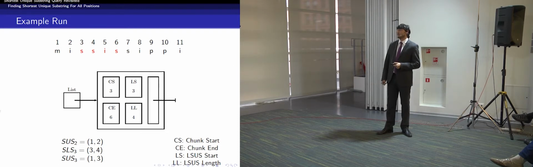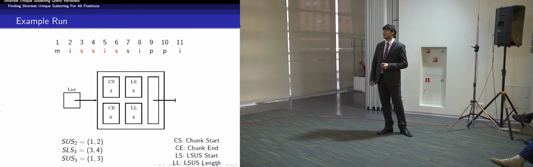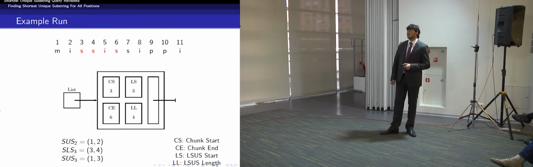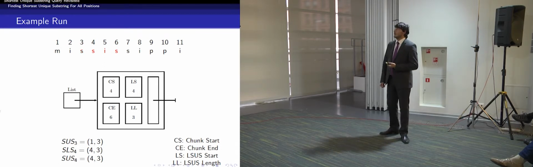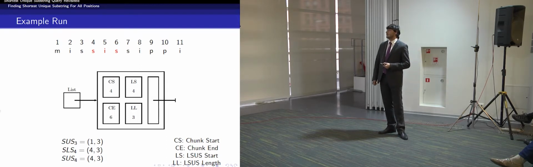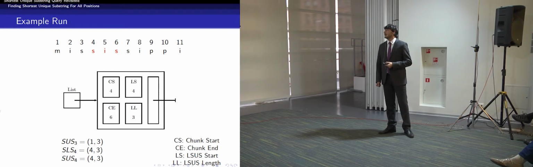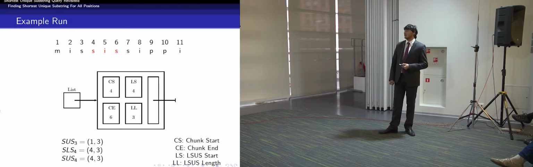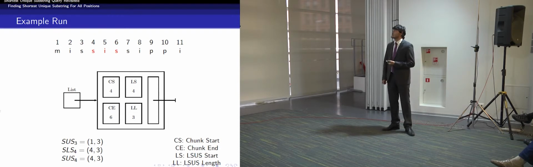So increasing the LSAS 2's length by 1 gives us a shorter substring, therefore we choose it. Going to the next one, we now have equal lengths, but we have to extend this one by 1, so choosing this LSAS as the shortest unique substring gives us a shorter one.